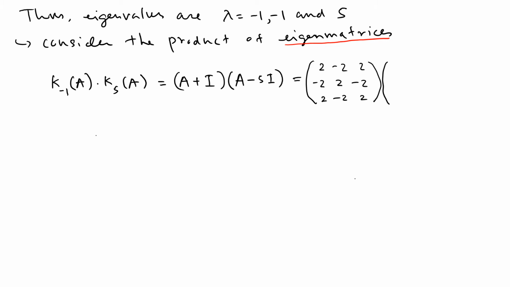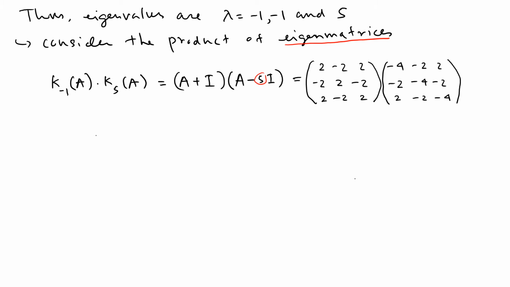The second one is A minus 5I, so you just subtract 5 from the diagonal entry. If you do that, you get -4, -2, 2, and then -2, -4, -2, and then 2, -2, -4.